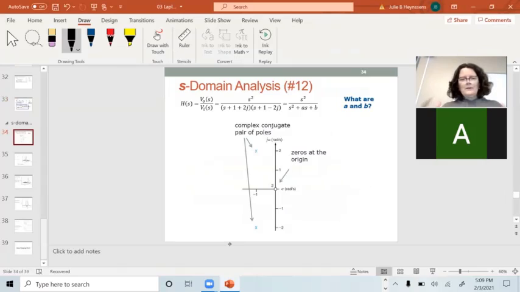Okay, why we do this S domain analysis. Controls engineers, and we do have a controls engineering elective now, which is an amazing thing that hasn't been around for a couple of years. They're people who want to maintain stable systems. If you're working for the power company, you want to maintain a very stable system.